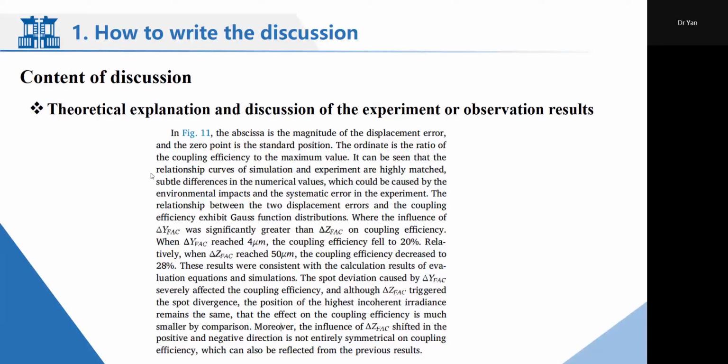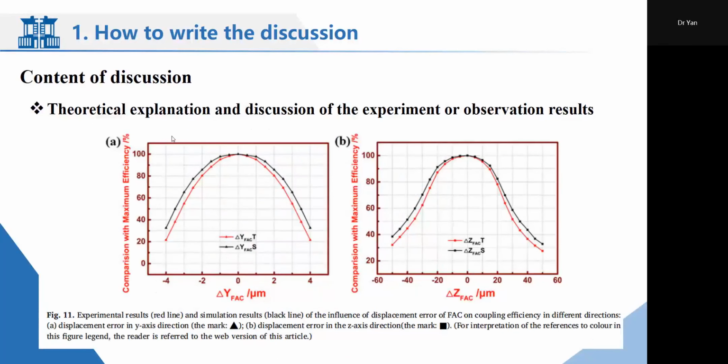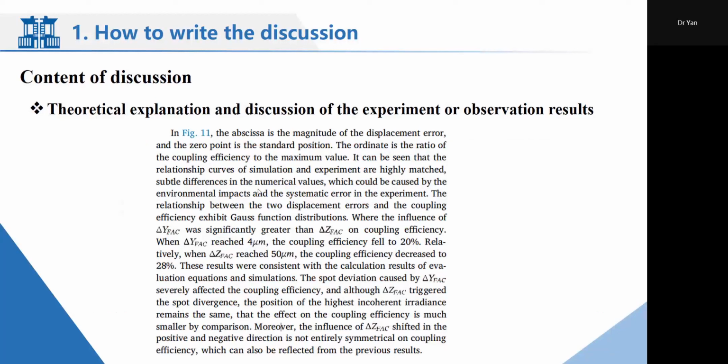And the relationship between the displacement error and the coupling efficiency exhibits a Gauss function distribution, right? That's a description of the curve as a Gauss distribution. And the influence of delta y is more significant than the other one. It just gives some comparison between delta y and delta z.